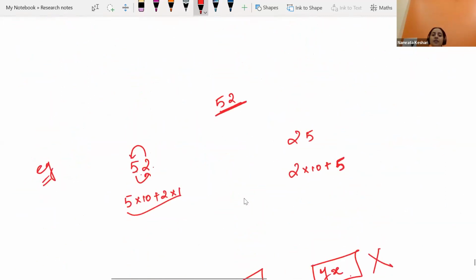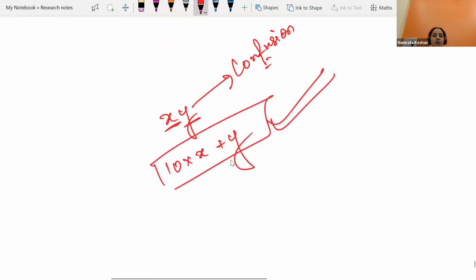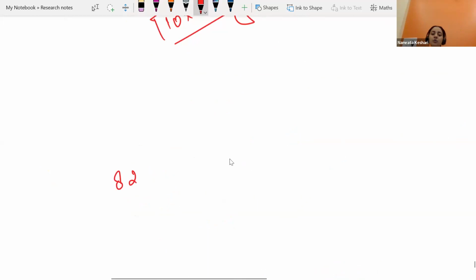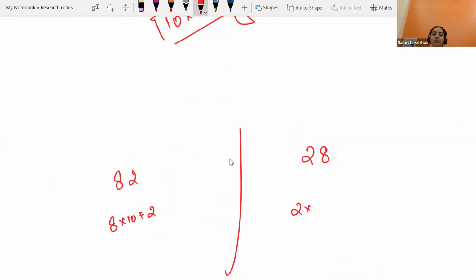Now see, when we are interchanging the digits, what is happening? 52, that is 5 into 10 plus 2, became 25. When you interchange, writing the ones place digit at tens place and the tens place digit at ones place, it became 25, which can be written as 2 into 10 plus 5. 82 can be written as 8 into 10 plus 2, but when we interchange the digits, it will become 2 into 10 plus 8.